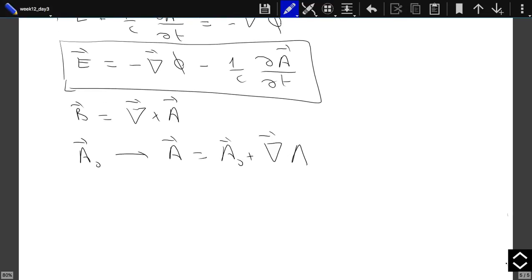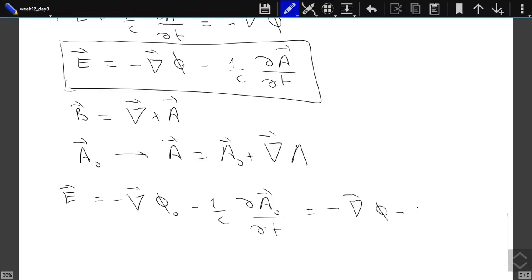Now, to see how that changes, let's see. The electric field on one hand is minus the gradient of, let me call it phi 0, minus 1 over c dA0 by dt. On the other hand, it should be minus the gradient of phi minus 1 over c dA by dt.